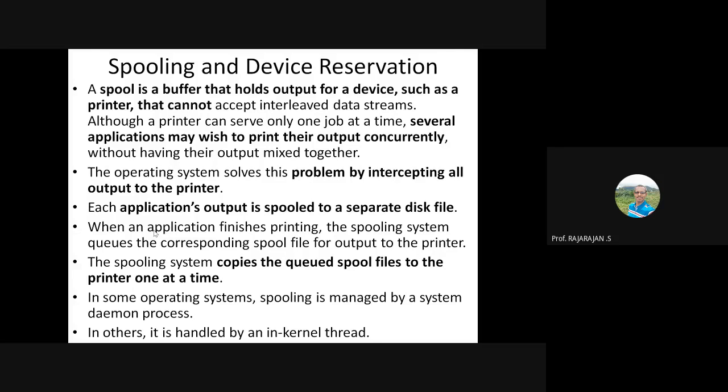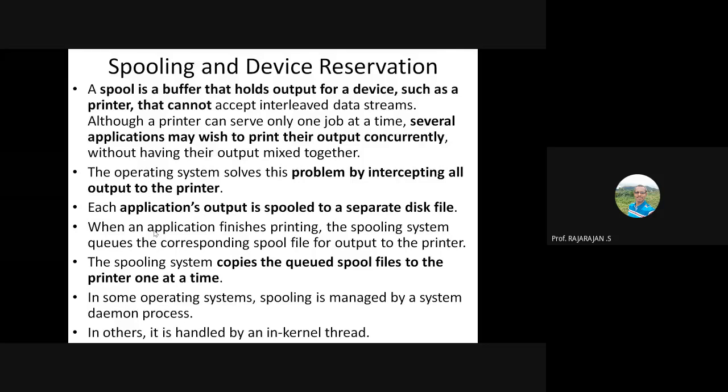And there is another idea called spooling and device reservation. Spooling is a kind of buffer only. It's not a different concept. It's a kind of buffer, but it's only the context in which it differs. You can take the same printer example. When I am connecting a printer to a computer, it's simple. My printer will be accessed by that particular computer. But what if the printer is connected to a network?